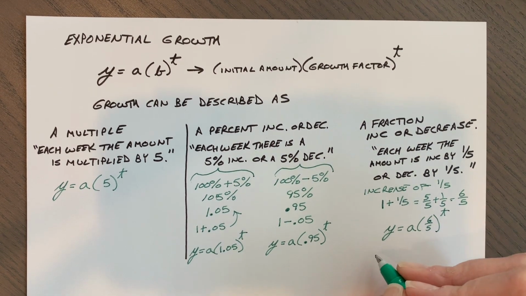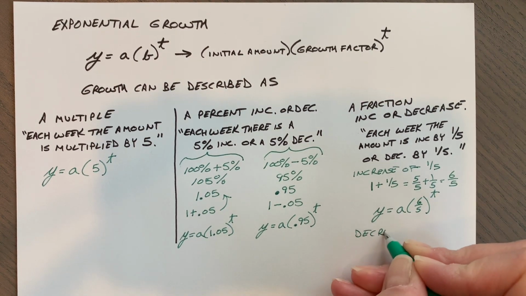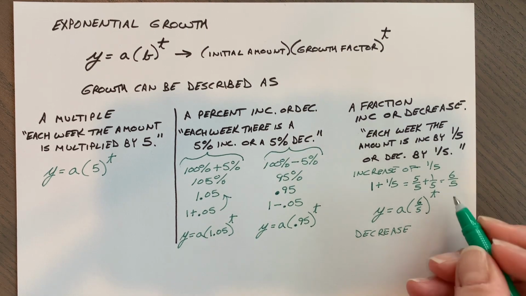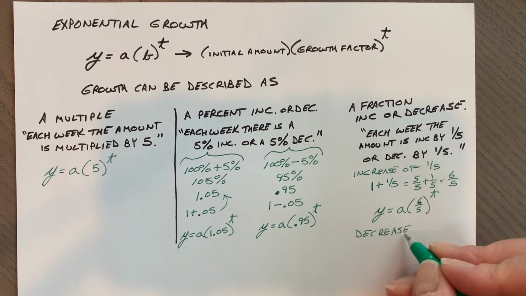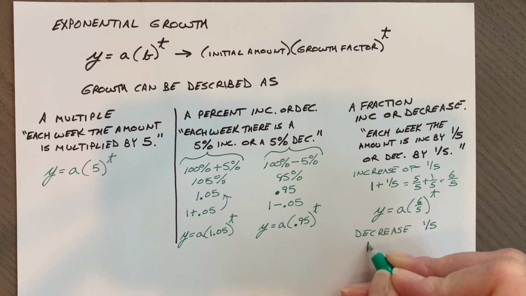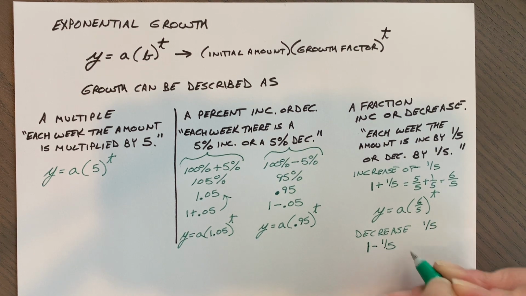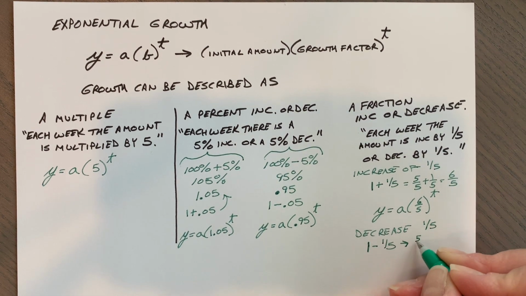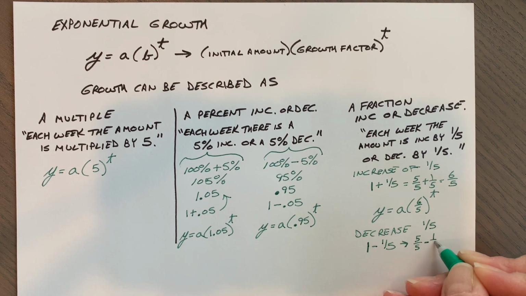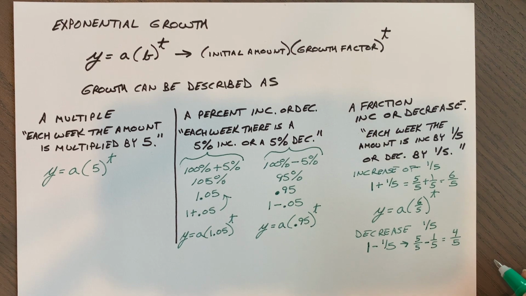Now, if we have a decrease of a fractional amount, like say somebody's eating 1/5 of the pie each week or each day, then from your original whole amount, you're subtracting 1/5. Again, let's just get a common denominator there. 1 is 5/5. If we have 5/5 and we subtract 1/5, that means we're down to 4/5.